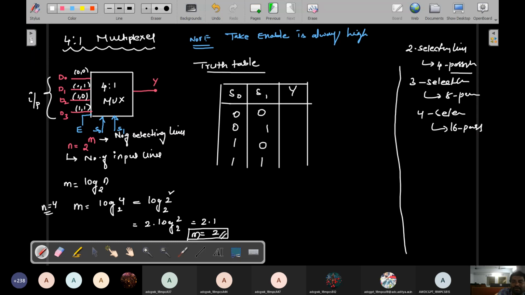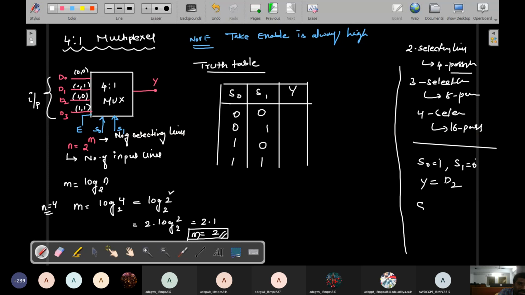This is a rough graph. If you give S0 equal to 1 and S1 equal to 0, then the 1, 0 channel will be selected, and the output will be connected to the 1, 0 combination. Now your output is directly connected to the D2 terminal.